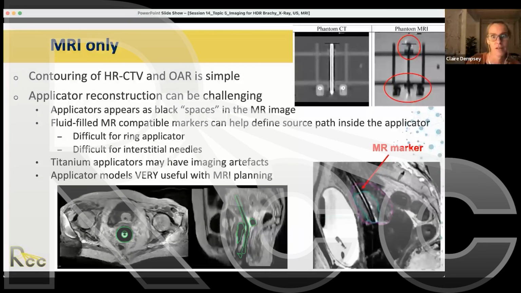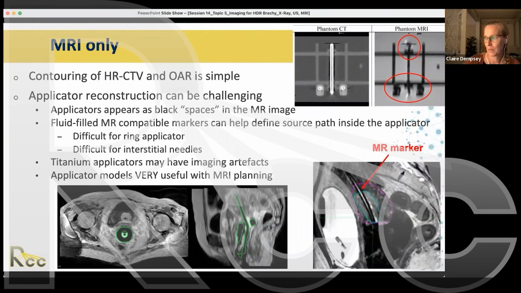What is very useful if you're going to do MRI only treatment planning is the applicator models. We can see down the bottom of the slide, we've got a 3D model of what our applicator geometry should be. And we can fit that diagram of the applicator over the black space that we have in our MRI image to place our applicator inside the patient for the plan.